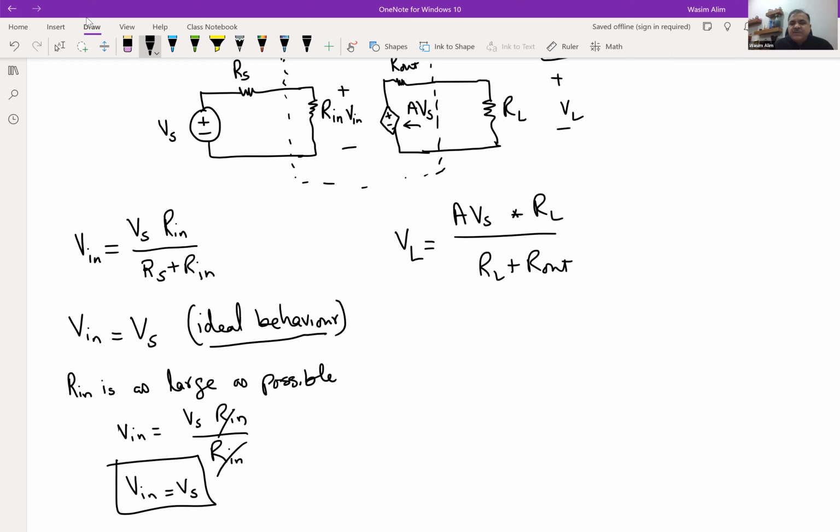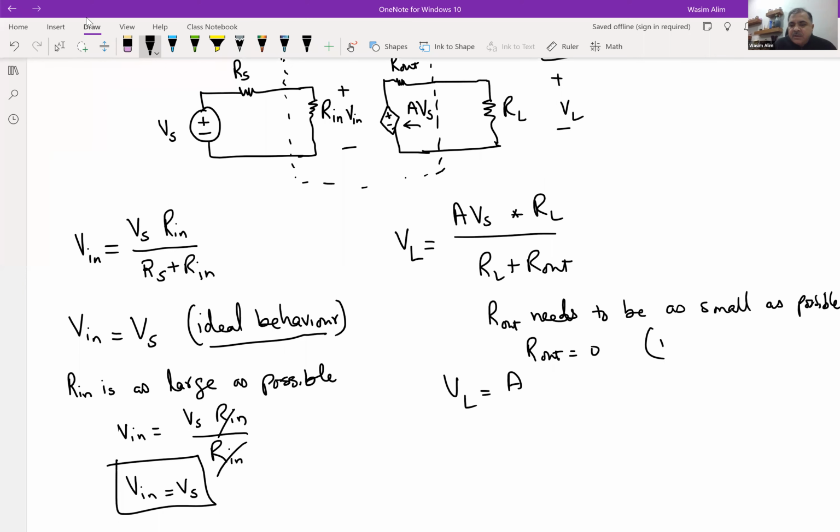So if Rout is negligible in terms of magnitude compared to RL, so if we say that Rout is equal to 0, essentially, again, it's an ideal behavior, right?